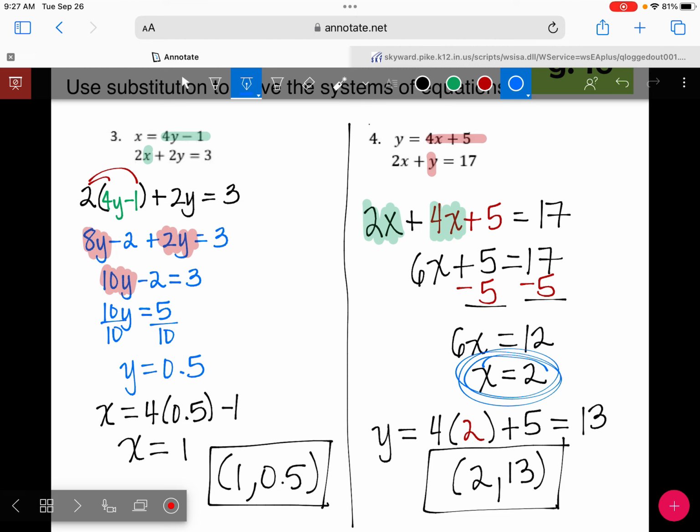And then after you figured out that x equals 2, I substituted the 2 back into that top equation. And that's how I got 2, 1, 3.